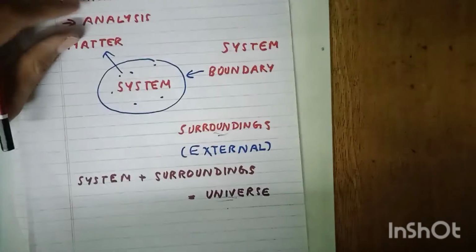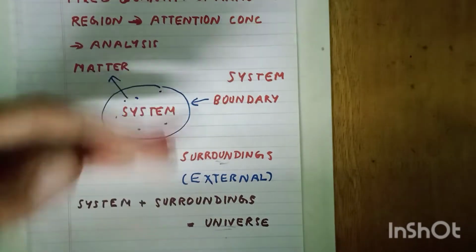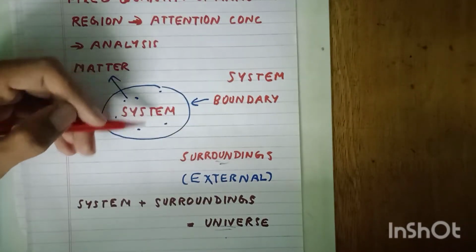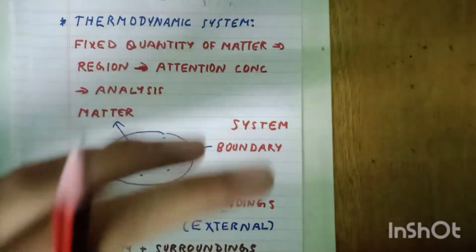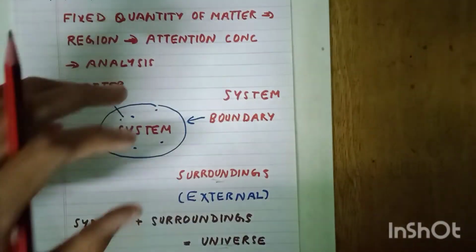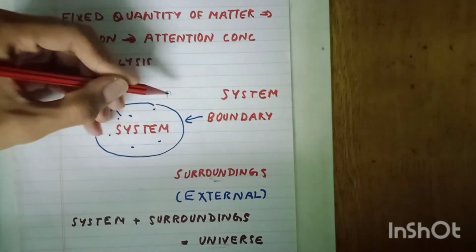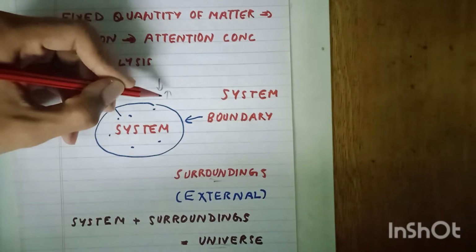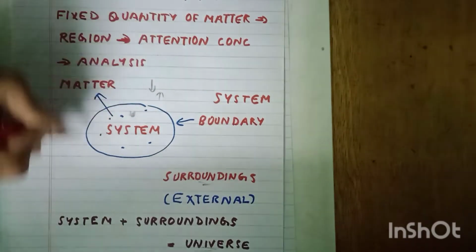In the machine, the fuel is injected and heat is produced. The fuel is of a fixed quantity and is in a particular region. That region, where we focus on how heat is produced and how mechanical energy comes from it, is known as the system.